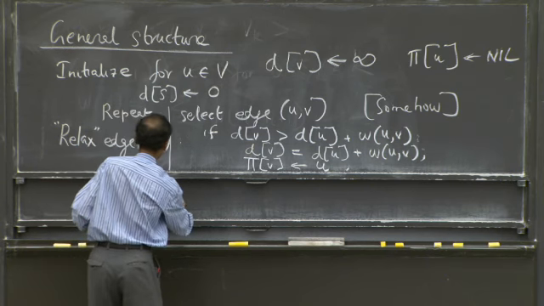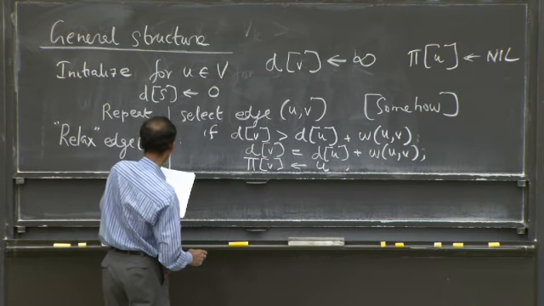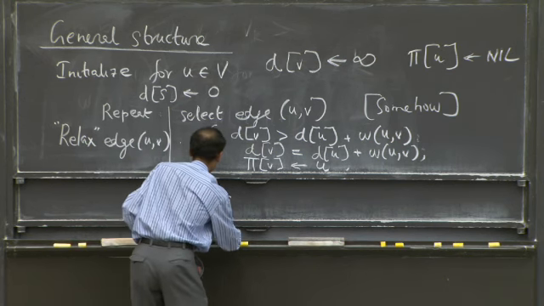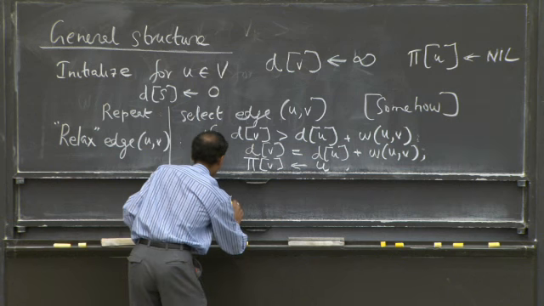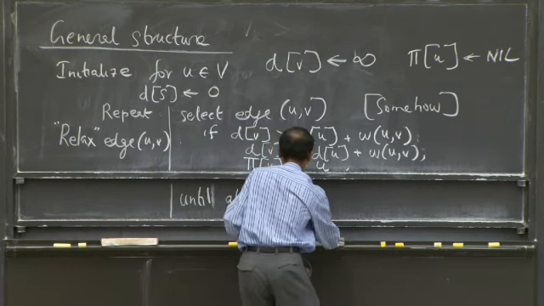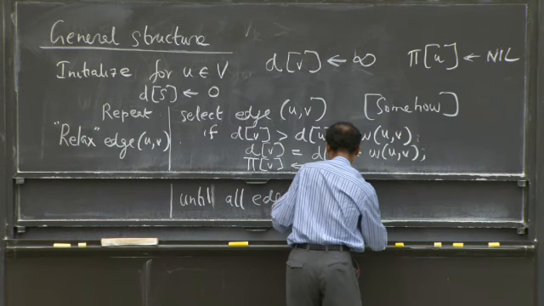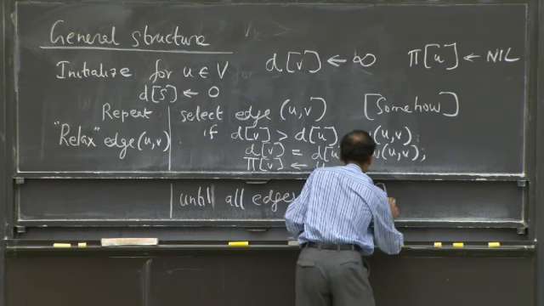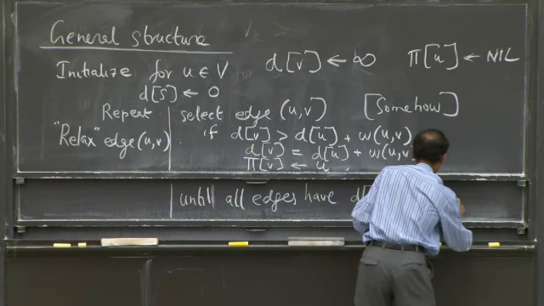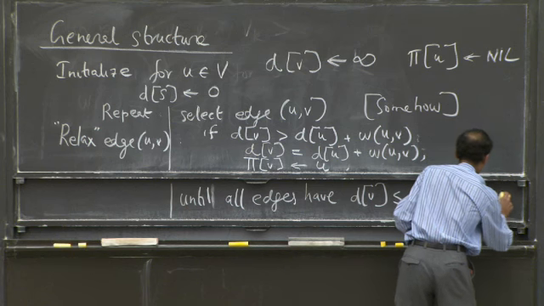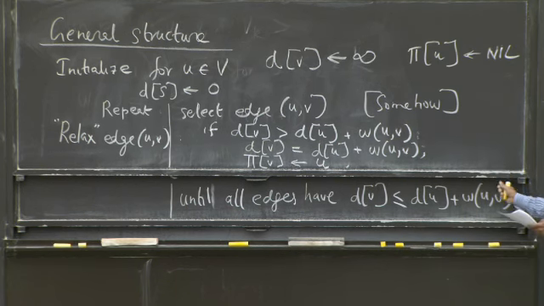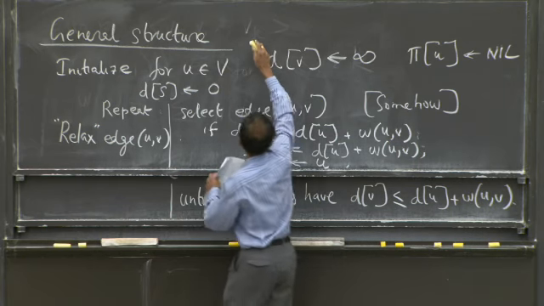So what is the repeat? Well, the repeat is until all edges have d of v less than or equal to d of u plus w of uv. Okay? And the assumption here is that you have no negative cycles.